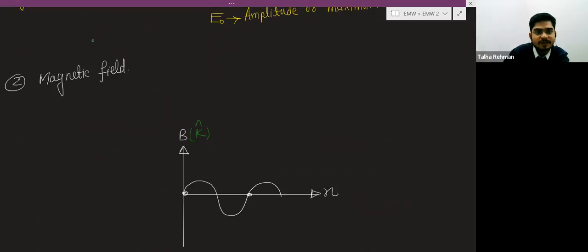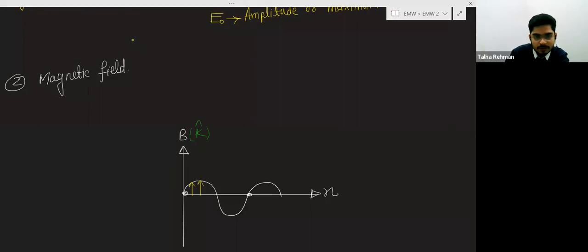The magnetic field is also oscillating like this, like the electric field. Suppose this is B naught. So B naught is the maximum value of the magnetic field.